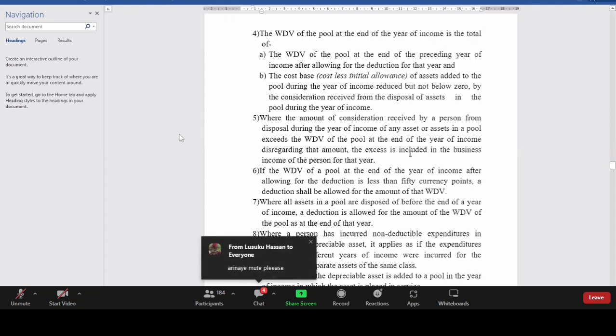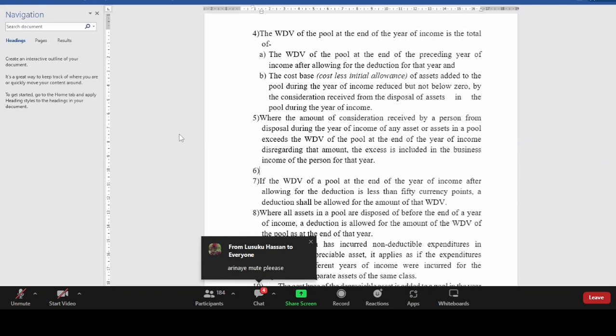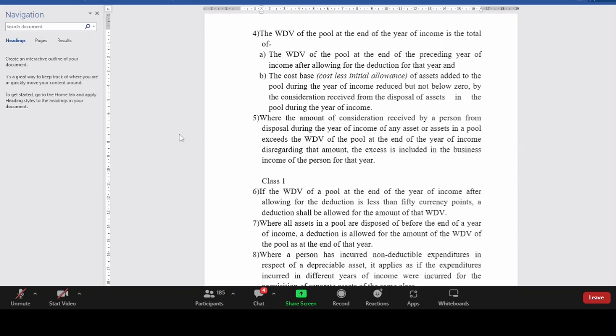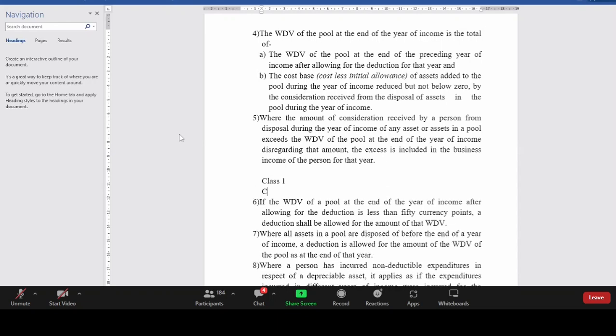Let me attach some more figures here. You may not get that. Assuming class 1, in class 1 we have maybe a computer, and this is maybe Dell.